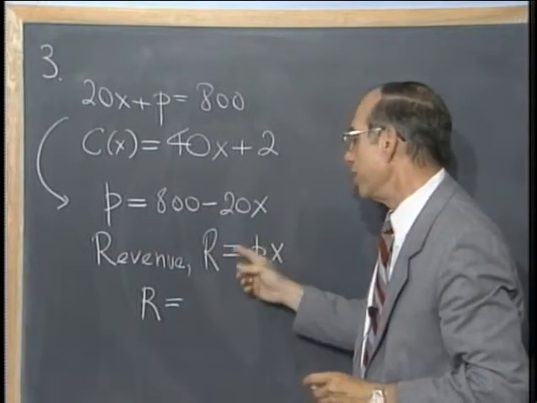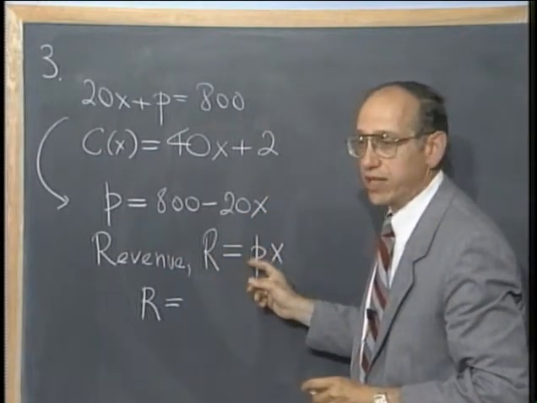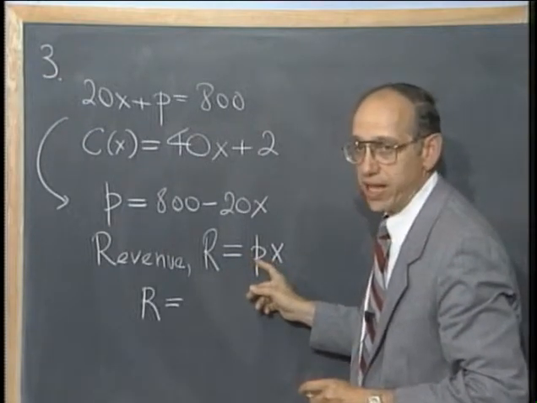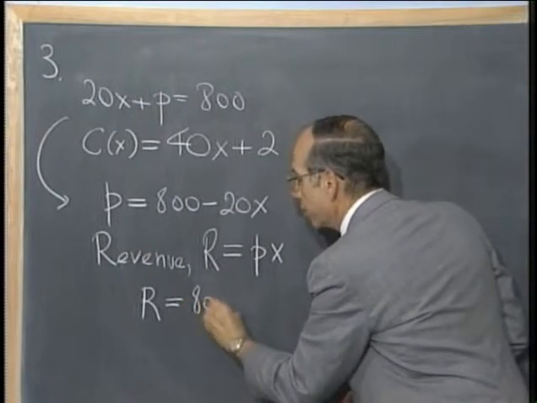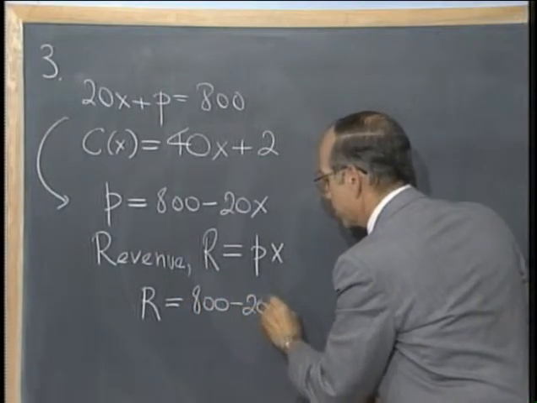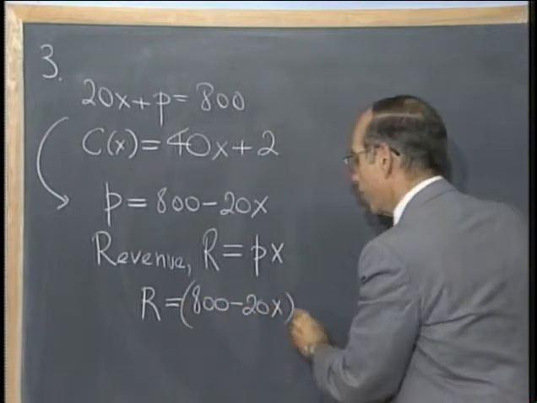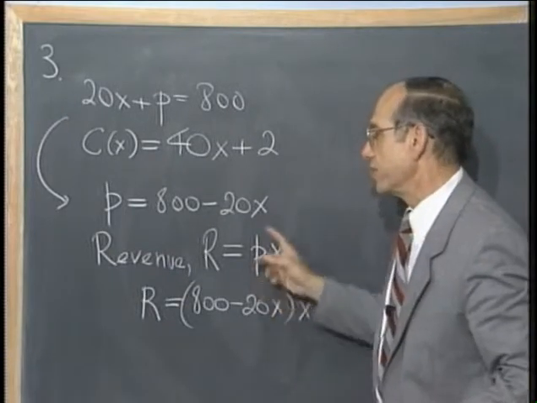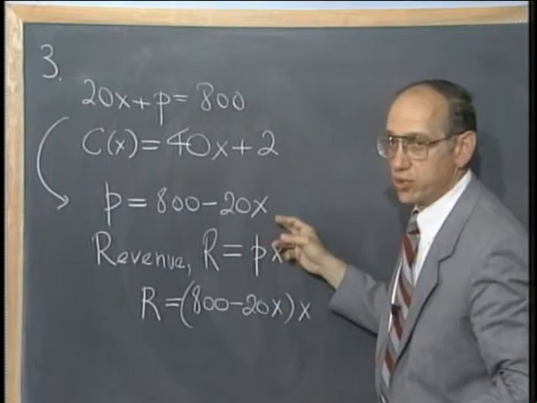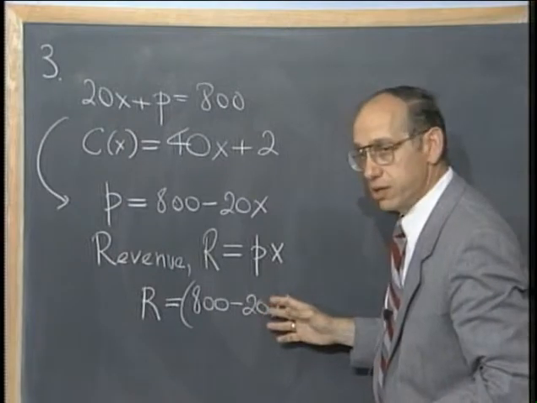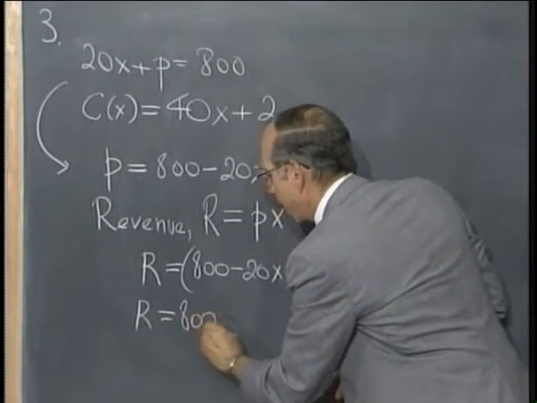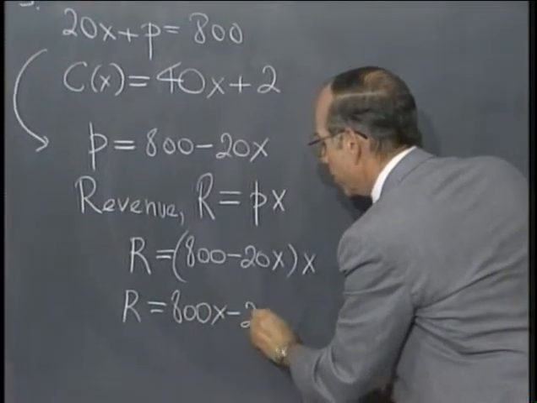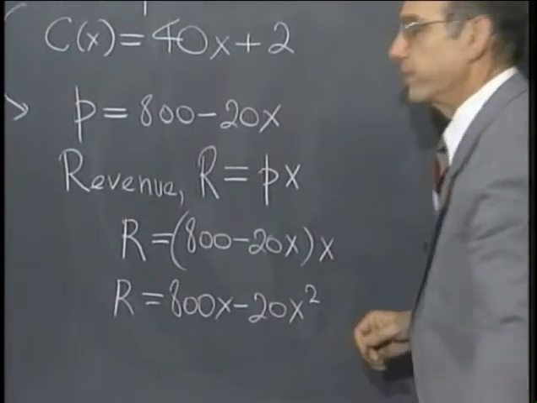So the revenue is really a function only of x. It looks like it's a function of P and x, but P depends on x. So the revenue is 800 minus 20x, the whole thing, times x. Notice I've substituted for P what its equivalent was in terms of x. Therefore, the revenue is equal to 800x minus 20x squared.